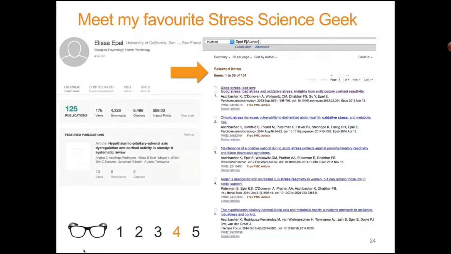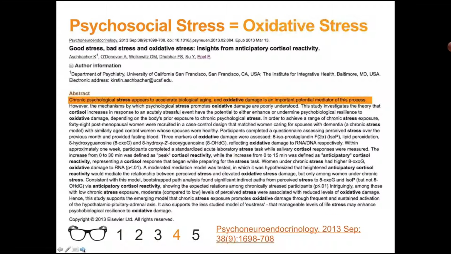Very interesting stuff. And she basically says psychosocial stress equals oxidative stress, and she's done a number of different studies that reflect that. She talks about oxidative stress by referring to certain biomarkers like lipid peroxidation, for example, and 8-hydroxy-2-deoxyguanosine, which is a marker of DNA damage. When DNA and RNA are damaged, this means genomic instability.